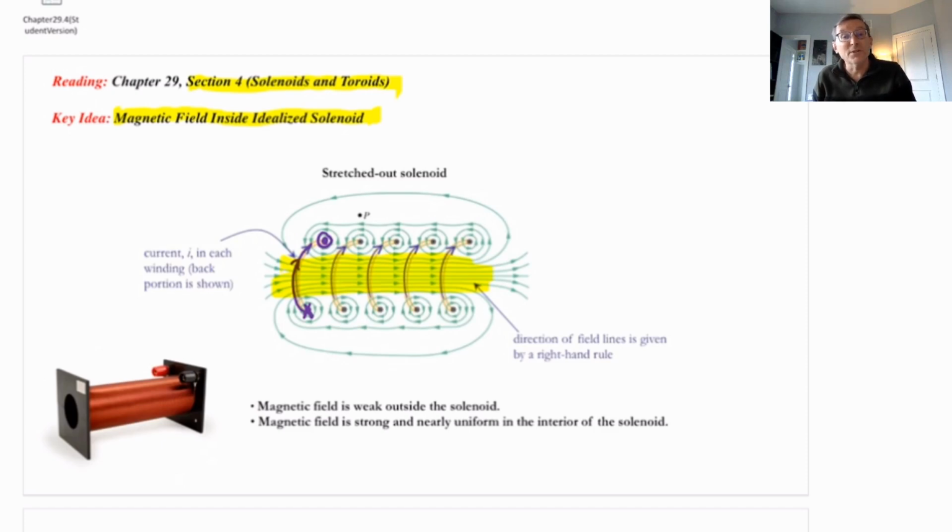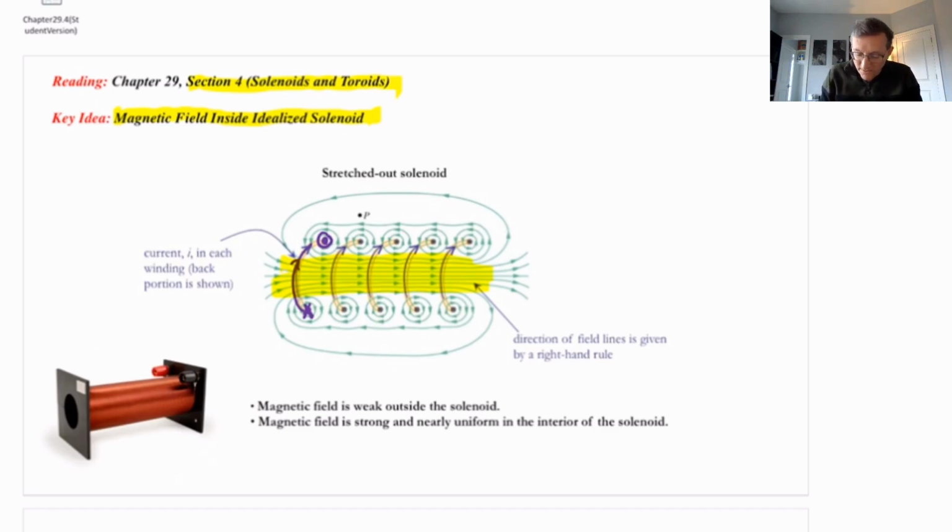That means the field is strong. The field points to the right in that region, and the spacing is more or less uniform, so the field is more or less uniform inside there. Outside the windings, you don't have that many magnetic field lines spaced closely together, so the field is weak outside.